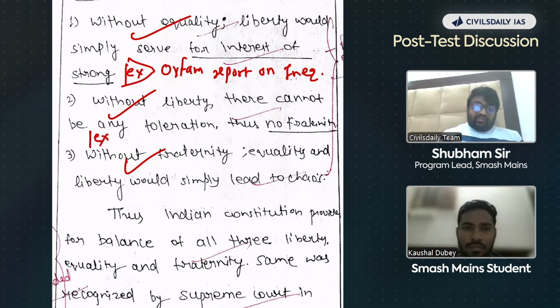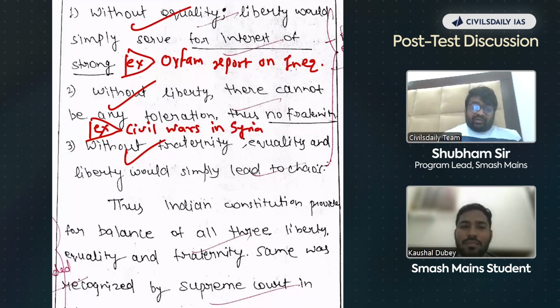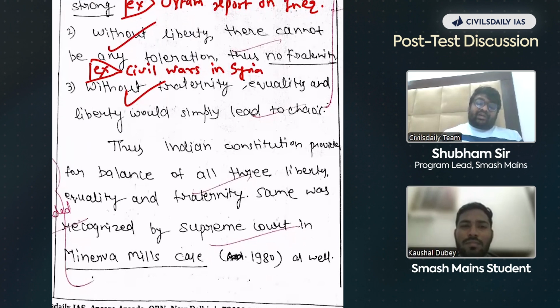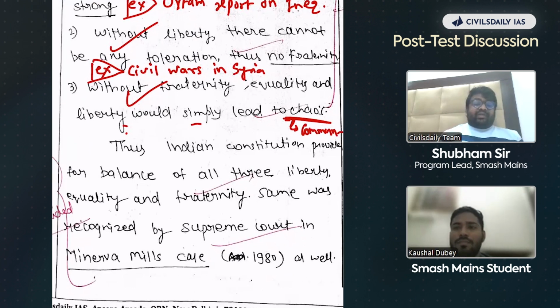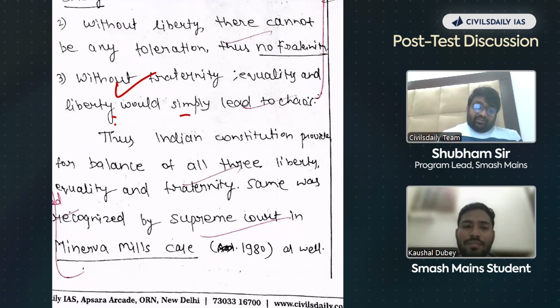Example: civil wars in Upper Syria. Right. Without fraternity, equality and liberty would simply lead to chaos. ठीक है? When there is chaos, communalism can rise. Right. There is no brotherhood that leads to communalism.